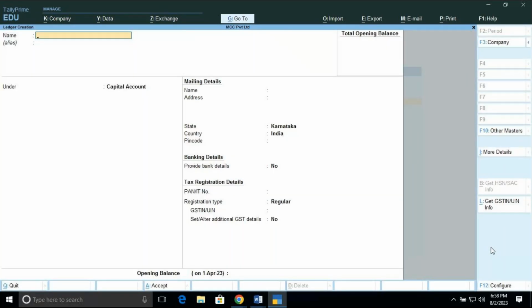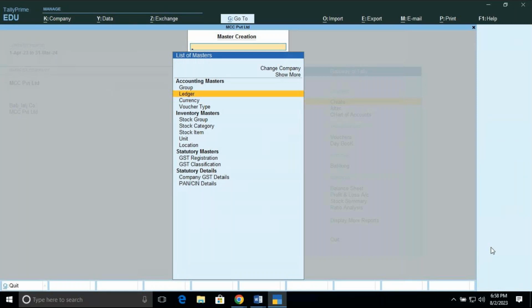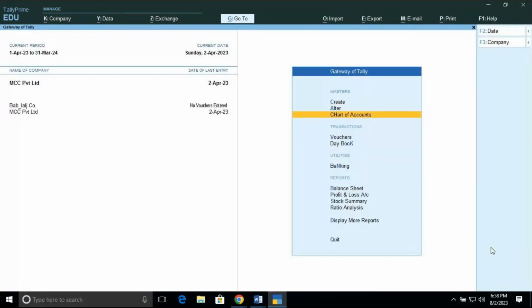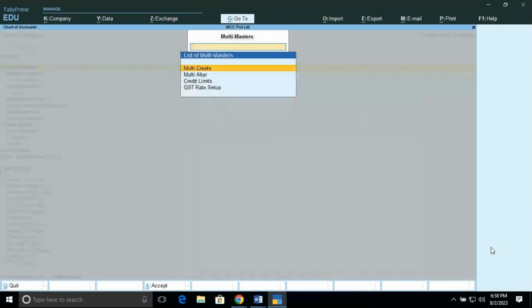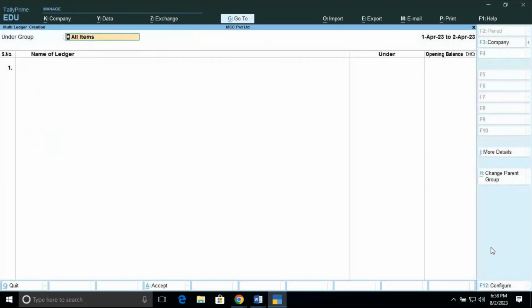If you have more than one, multiple masters to be created, you come to chart of accounts, keep the cursor on the master you want to create, and say multi-master, multi-create. Now we can create all the ledgers at once. Okay, enter.